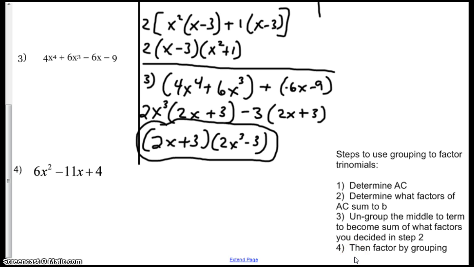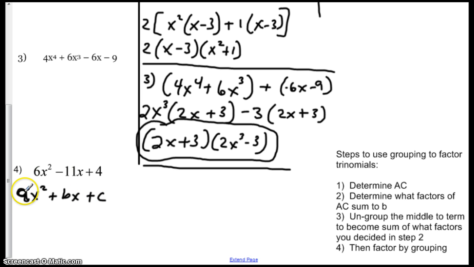Okay, so our first step is similar to slide and divide, but I think it's a little less complicated. You'll have to let me know in class. But first we're going to multiply a times our c. So remember what a is. It's our number in front of our x squared, so ax squared plus bx plus c.